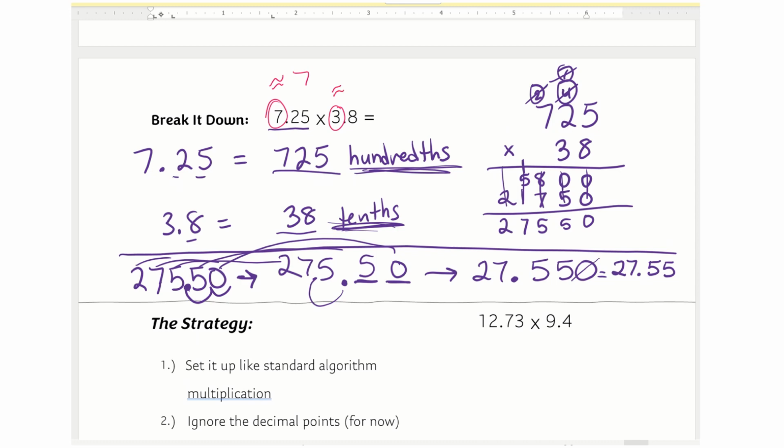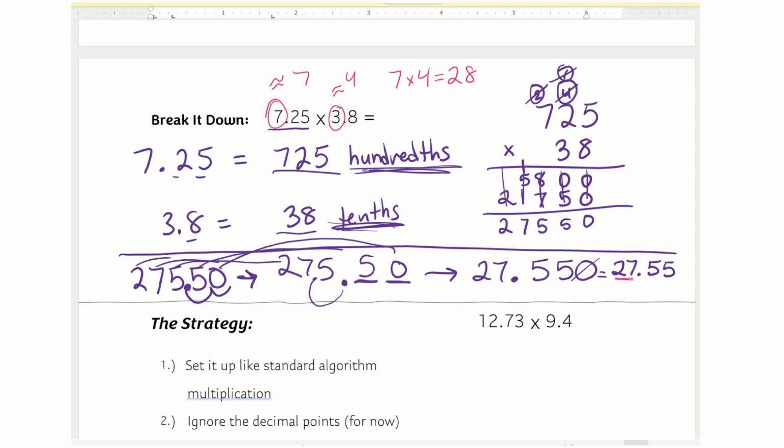So that would be around 4. So I should estimate that it would be close to 7 times 4. And 7 times 4 is 28. And when I look at my final answer, I've got 27 and 55 hundredths. That's really close to 28. So my decimal work seems reasonable. Now, even still, that was really complicated.